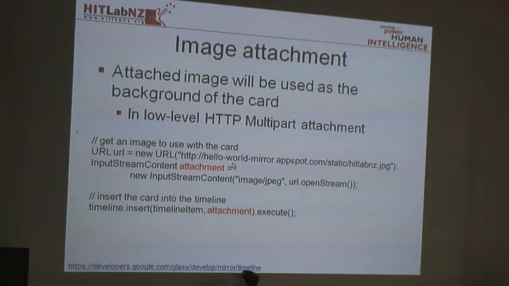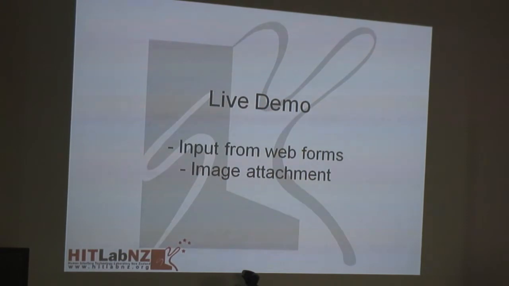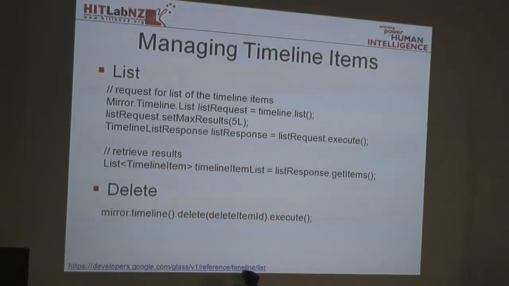I think they also support attaching videos, but I think there are certain limitations with file size and so on. I'll skip that. The other thing you can do is manage timelines, like listing all the cards you've inserted so far.